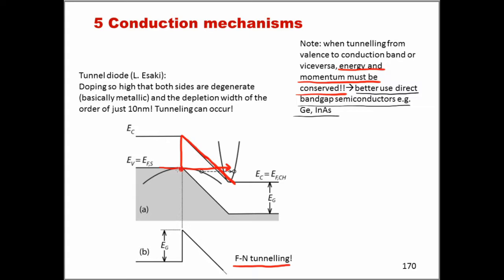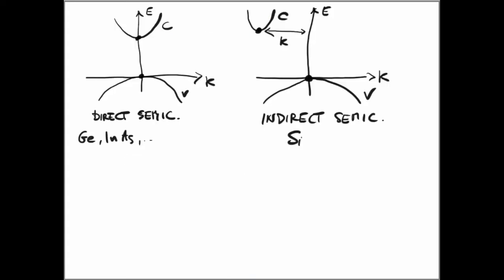But momentum also must be conserved, which means that if this semiconductor used for this p-n junction was silicon, this would imply that in the n side a phonon must be involved to accommodate the change in momentum that is required for that electron to suddenly occupy a state into the conduction band.